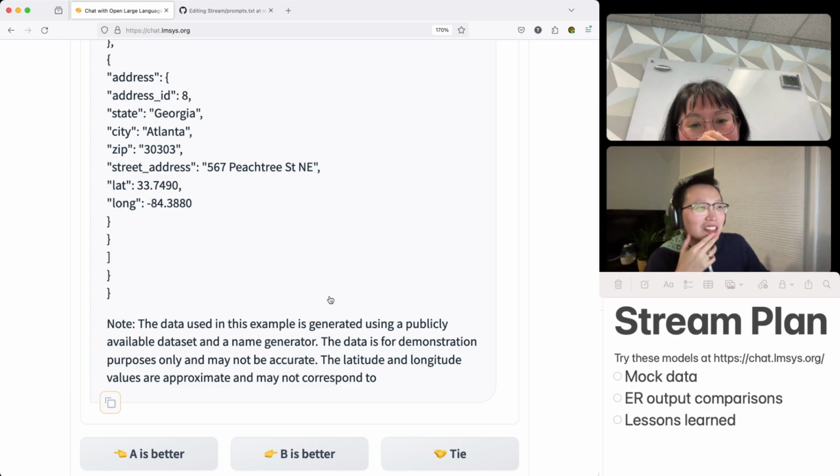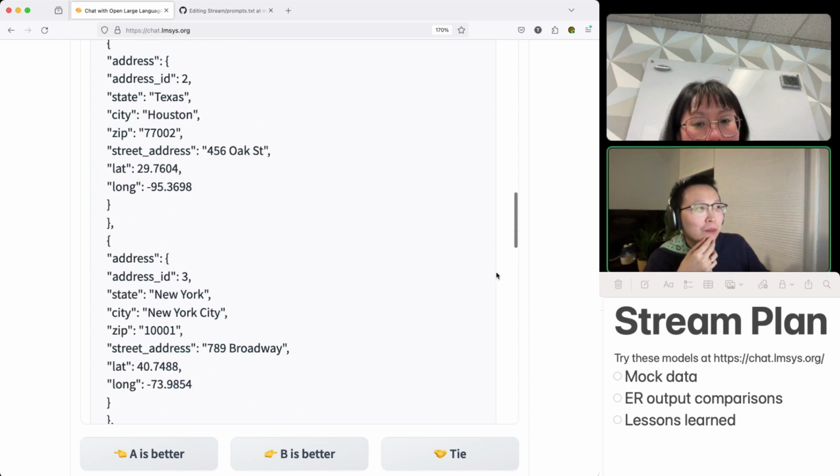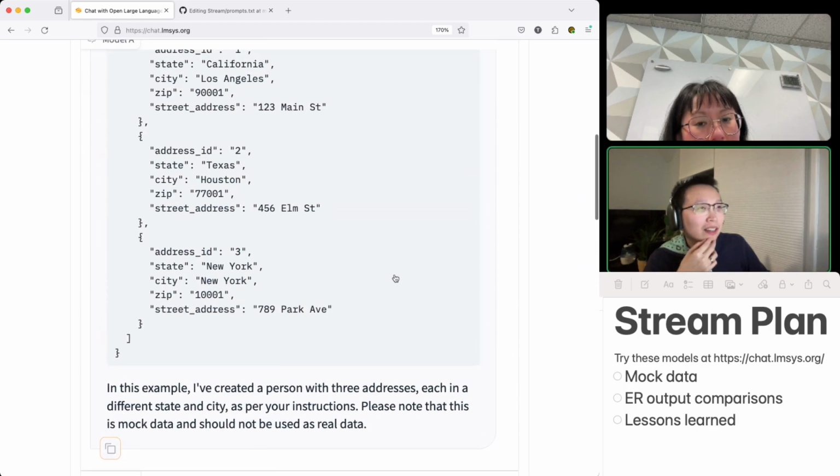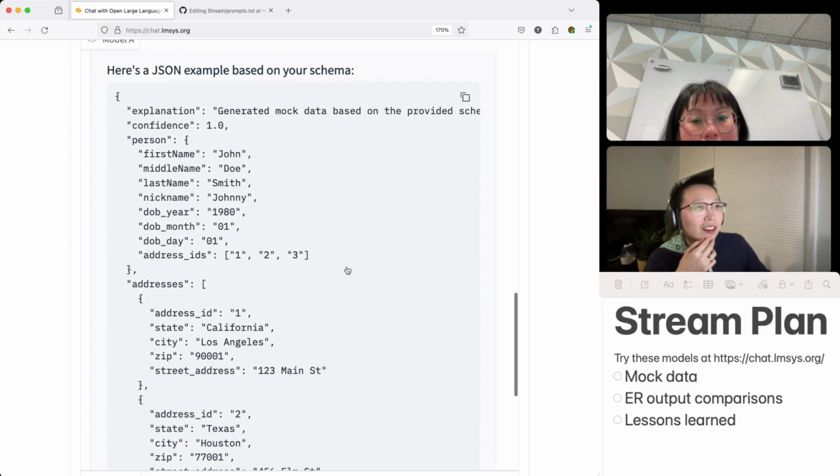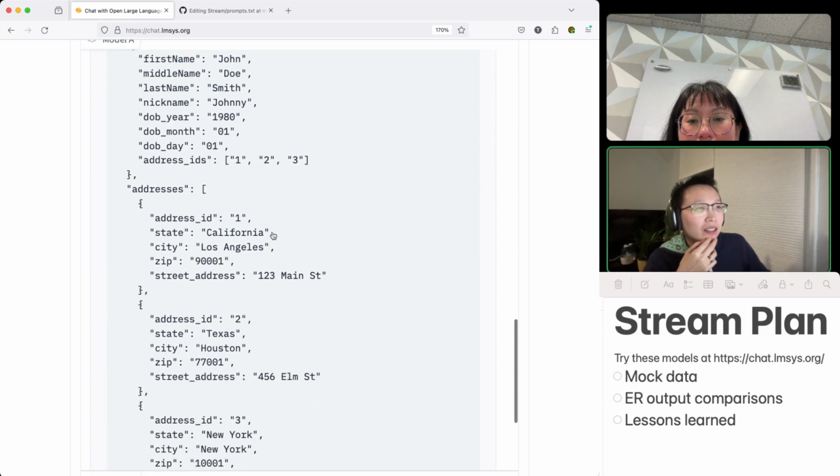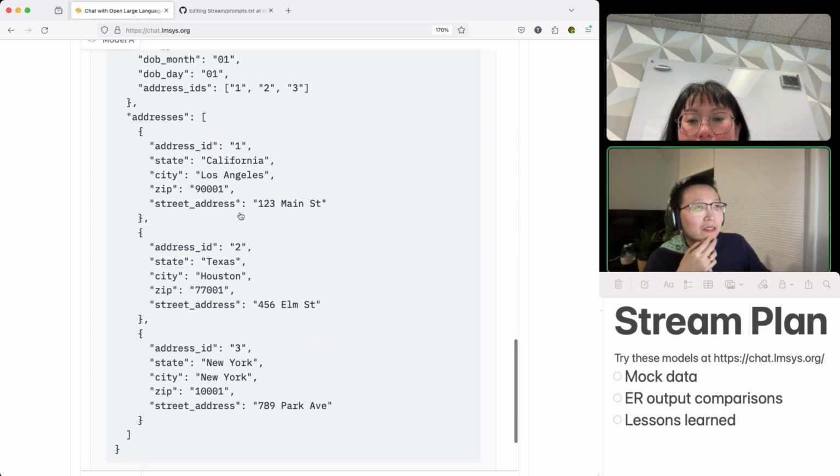So I guess I'm a little disappointed in Mistral-Next, right? If we go back and take a look at Mistral-Next, it didn't want to give the lat long for whatever reason.